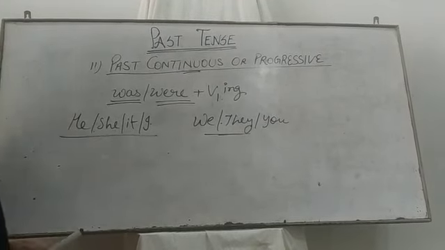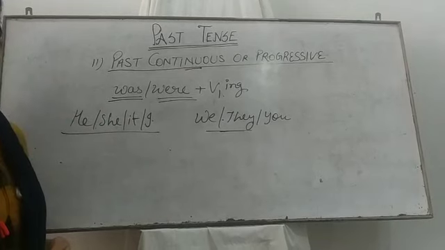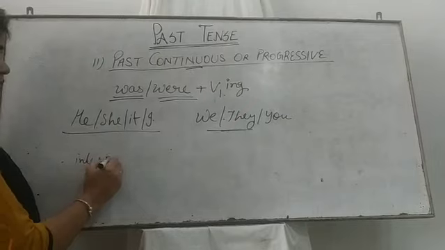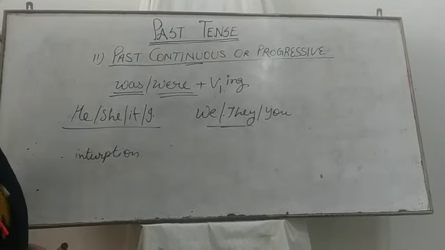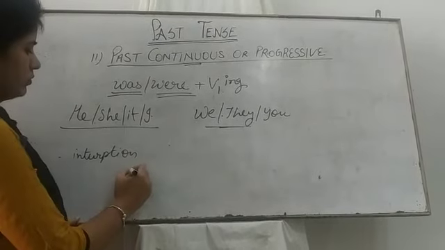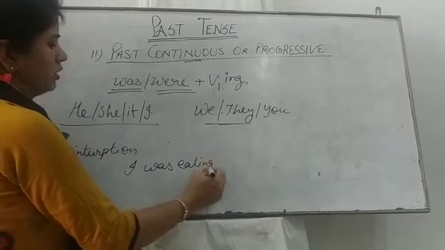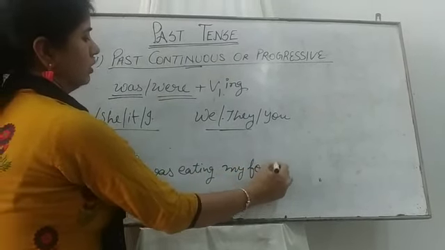Now the question is why we use past continuous tense: when there is an interruption in between an action, like I was eating my food.